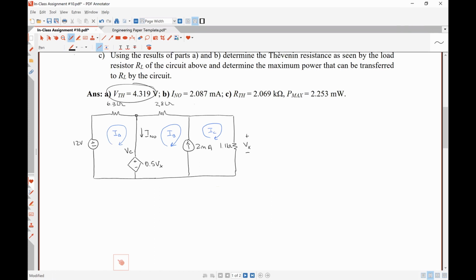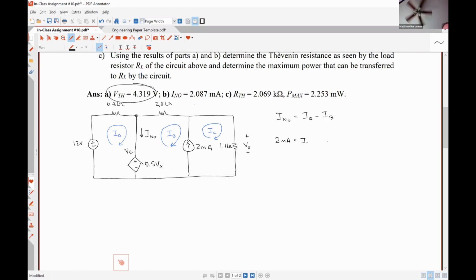I Norton is equal to IA minus IB. Okay, so that's not the one I was looking for, but that's definitely my bad. So I Norton is equal to IA minus IB. How are we going to express the current flowing through the current source in terms of our mesh currents? 2 milliamps is equal to IC minus IB.